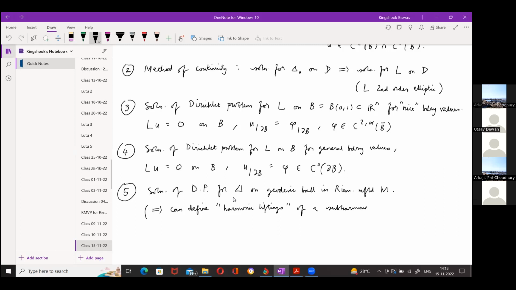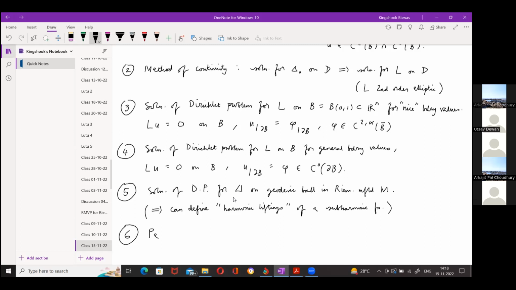For that, you just need to be able to solve the Dirichlet problem on a geodesic ball. Okay. So therefore, we can define harmonic liftings. And once you define harmonic liftings, then you can use the Perron method, right?